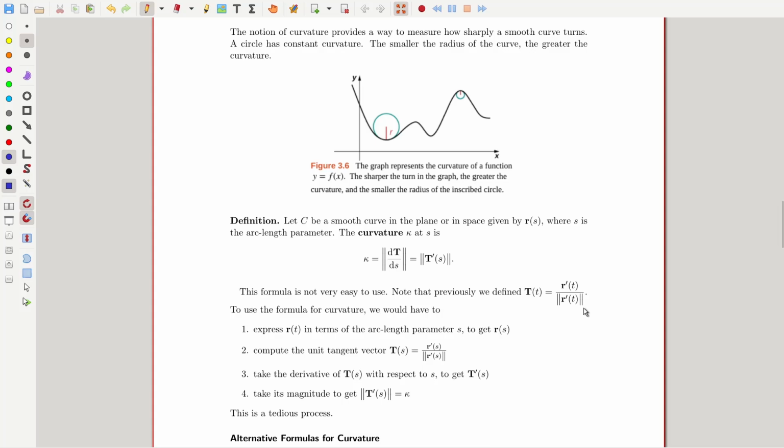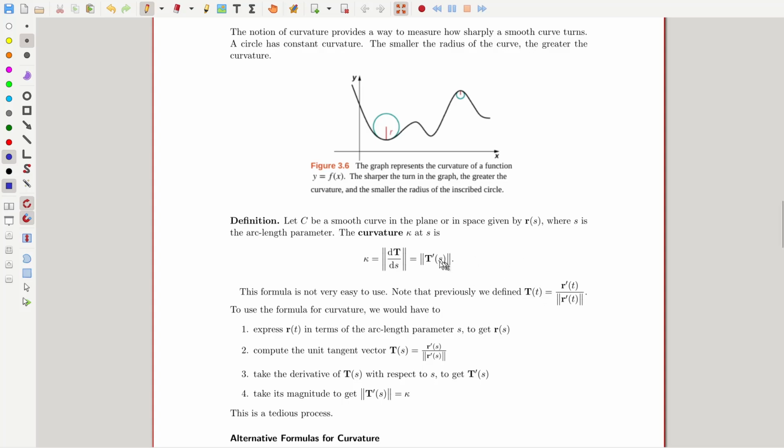You then divide by the magnitude in order to normalize it, and this is tangent because it's pointed in a direction that is tangent to the curve. It's the direction of change. The fact that it's the derivative kind of makes that happen. But notice that this is T of t. This is the unit tangent vector parameterized with respect to time, not with respect to arc length.